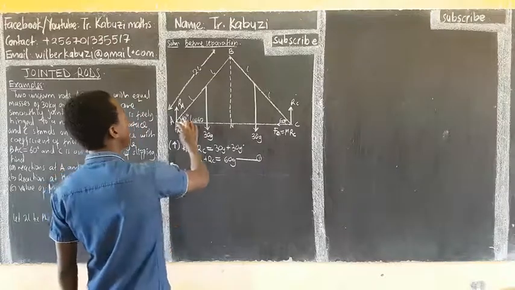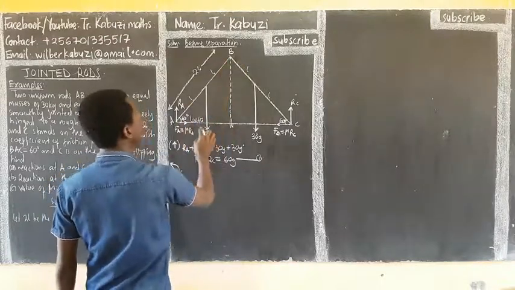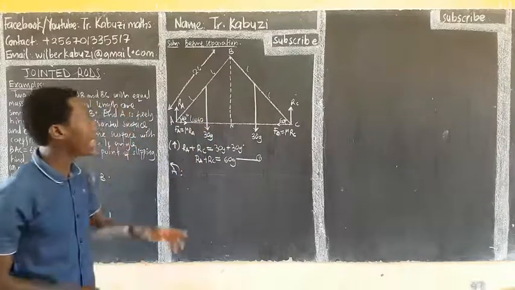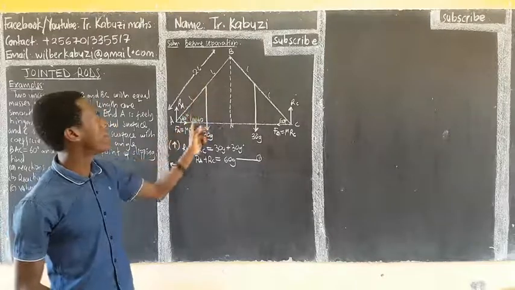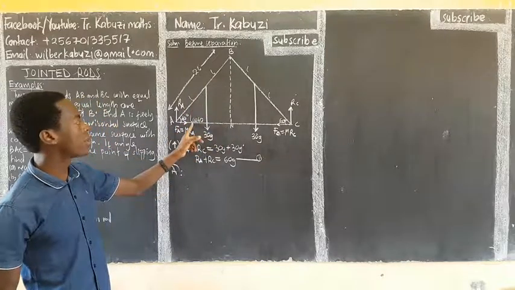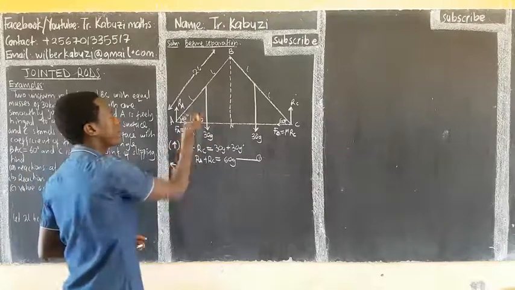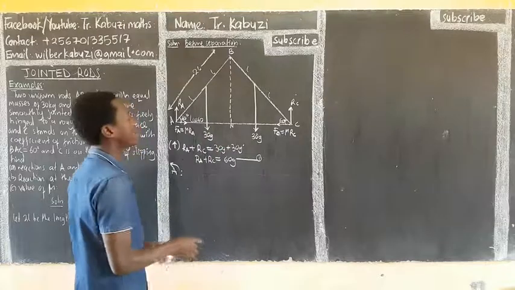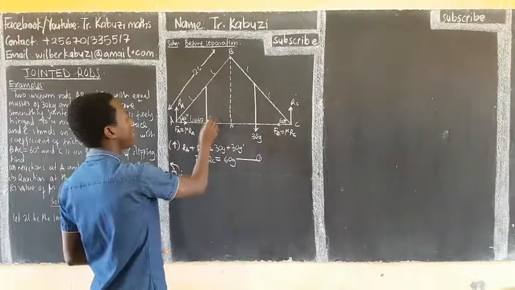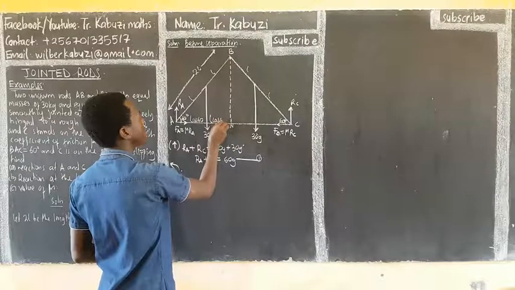Now, from here up to here, this is going to be the adjacent. So, remember, the other idea is that from here to here is going to be 2L cos 60. So, if this is L cos 60, even this one is L cos 60. Or we say, always divide this distance from here up to here into two equal parts. So, if this is L cos theta, and then cos 60, this one is also going to be L cos 60.